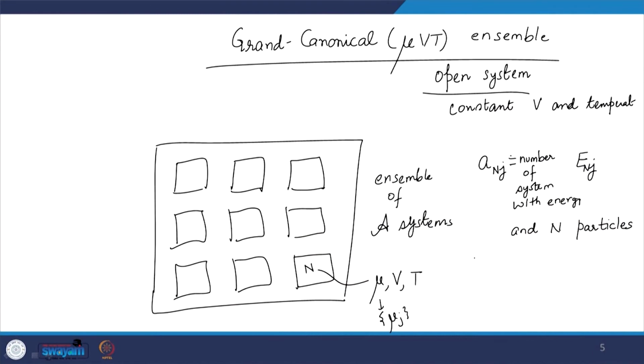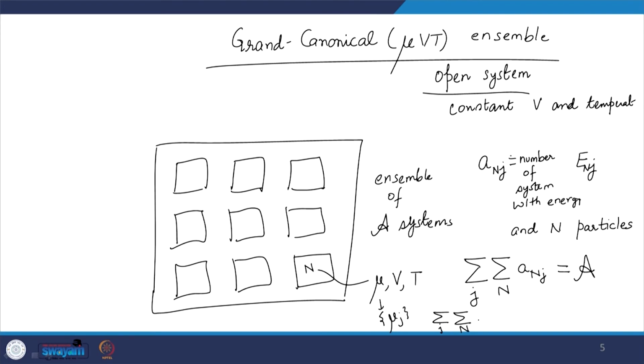So, now there are two variables that are changing, one is the energy and one is the number of particles in the systems. Now in this particular case, if I look at the summation over A, we have to sum over both the number of molecules and the energy levels of systems, and that will be equal to my total number of states in ensemble A. Also, if I look at the energies, we can look in the same way.